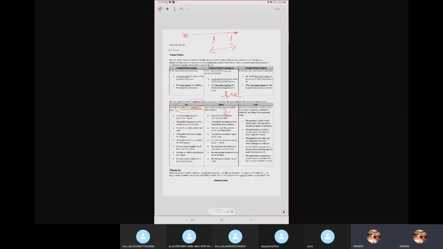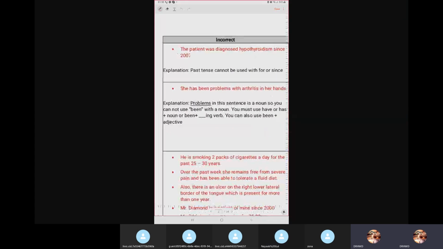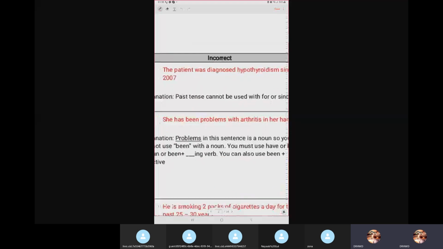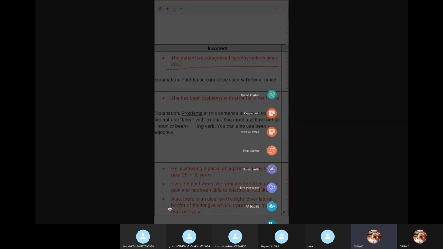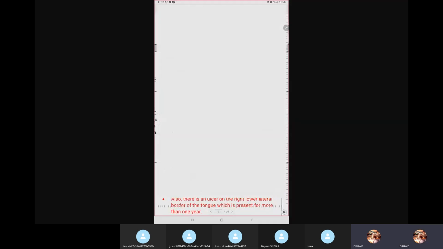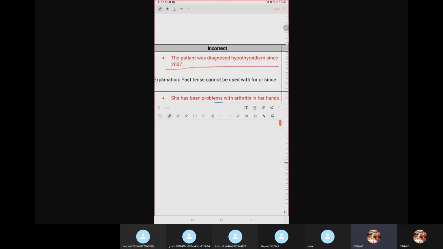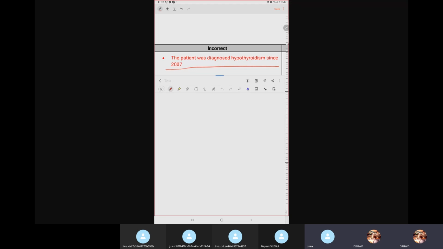So let's look at one, and you'd be solving this. This is for you, Dr. Zona. The patient was diagnosed hypothyroidism 2007. How would you correct this sentence? We have to use has with it.